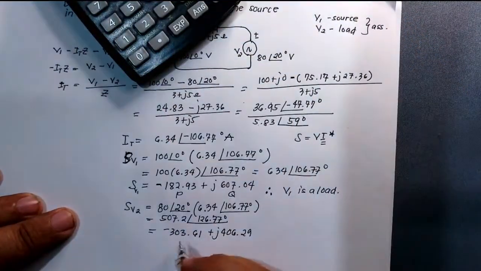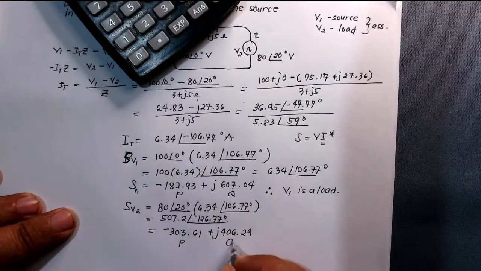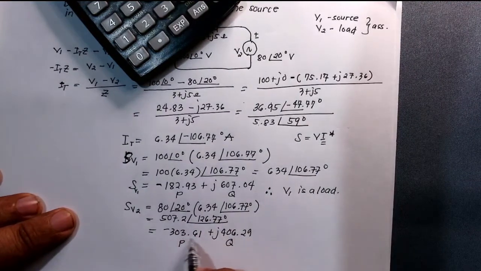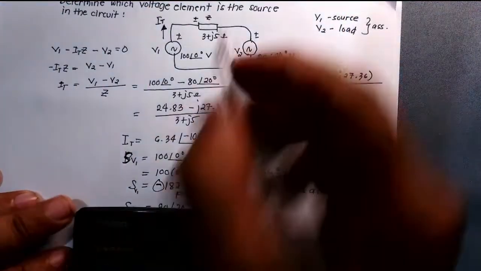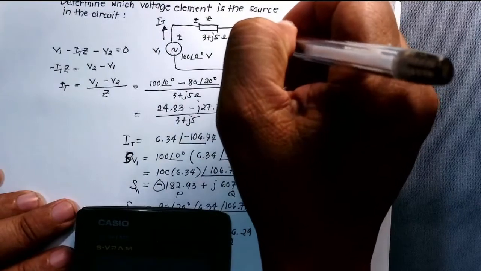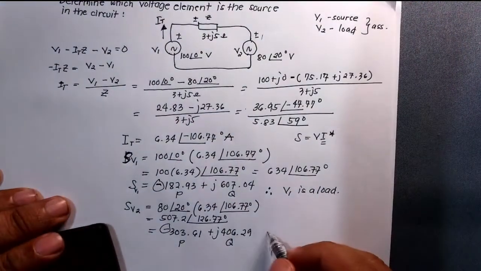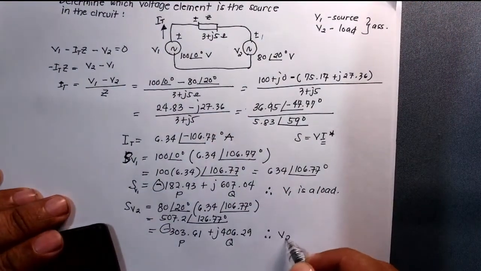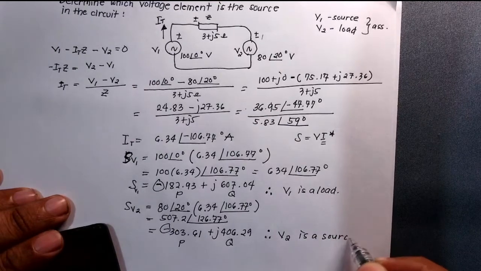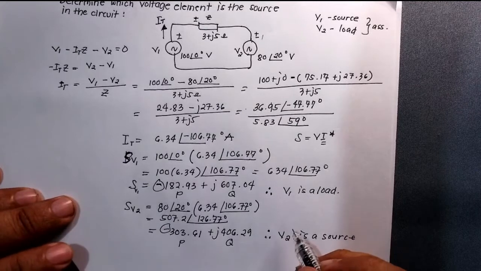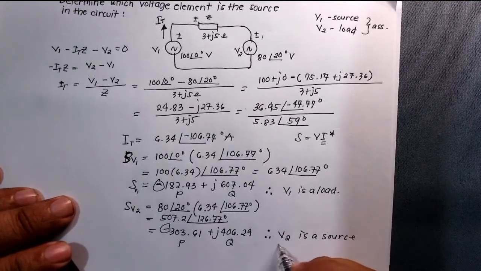Again, this is my real power and this is my reactive power. You will notice that your real power also has a negative sign, same as this one. So if the current is going here, it is incorrect also. Therefore, your B sub 2 is a source. So my answer now is that B sub 2 is my source.